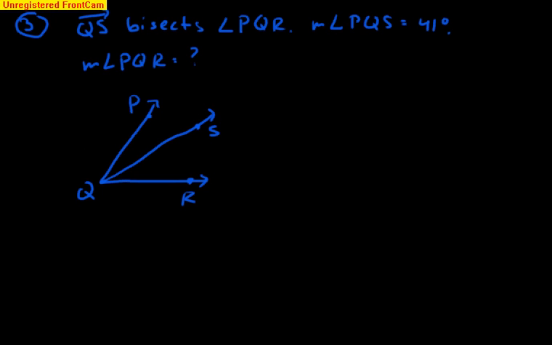Here's QS. What this tells me is that these two angles are congruent, because of that word bisects, very important. So the measure of angle PQS is 41 degrees.